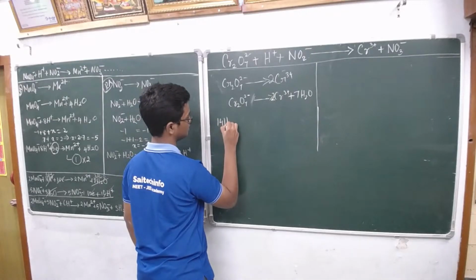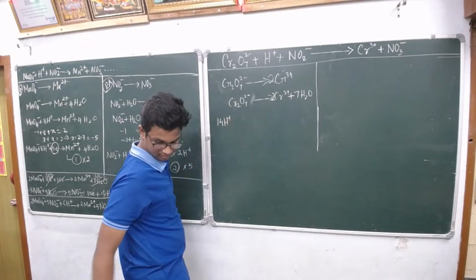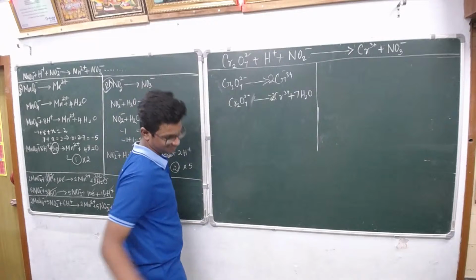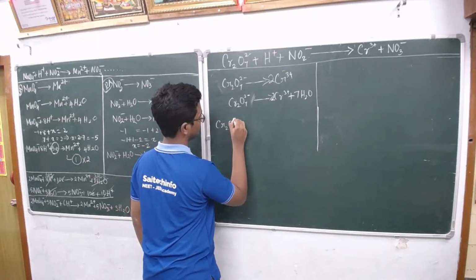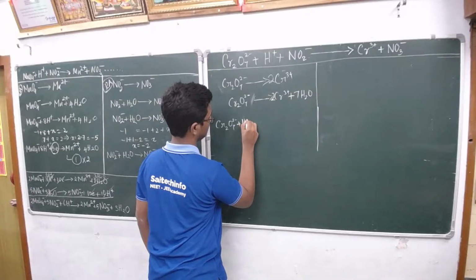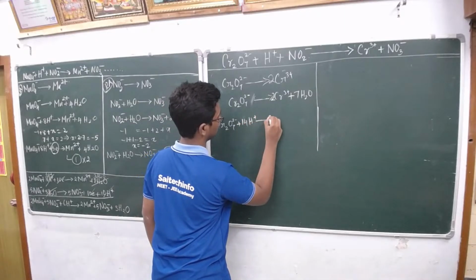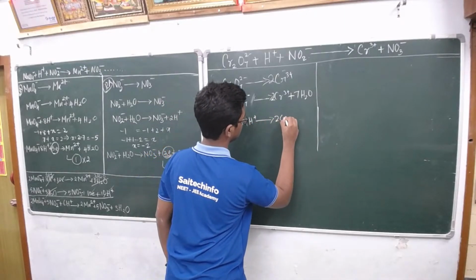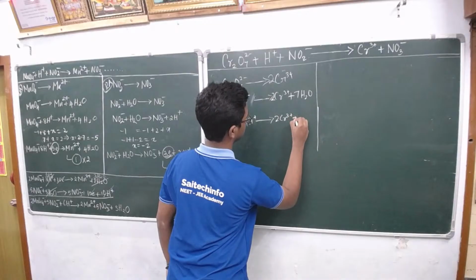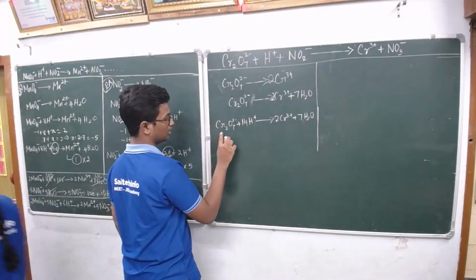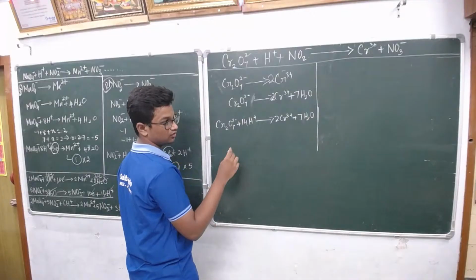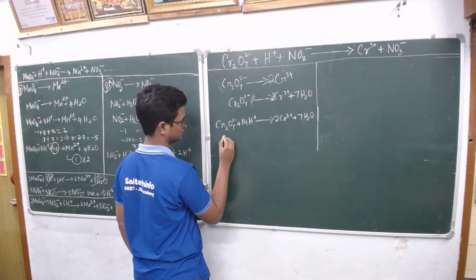So first, you write Cr2O7 2 minus plus 14H plus to form 2Cr3 plus plus 7H2O. And then we are using the algebraic method to find the charge.